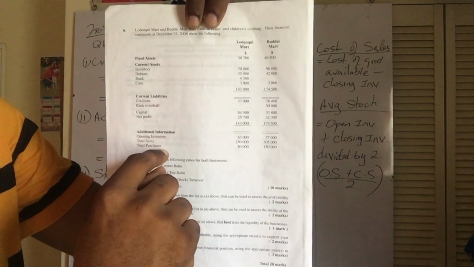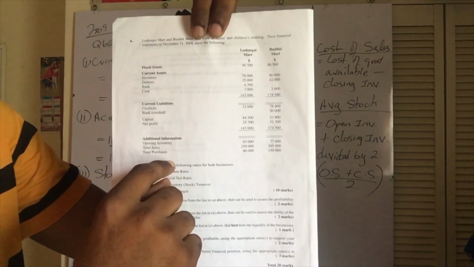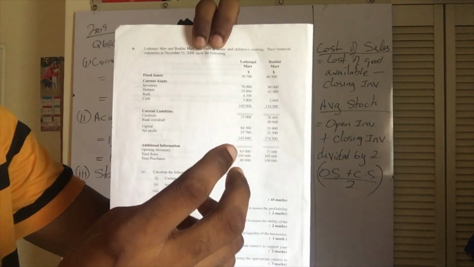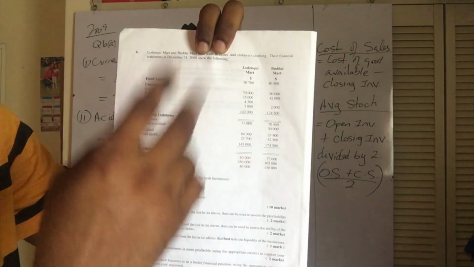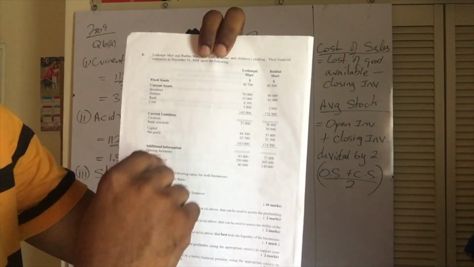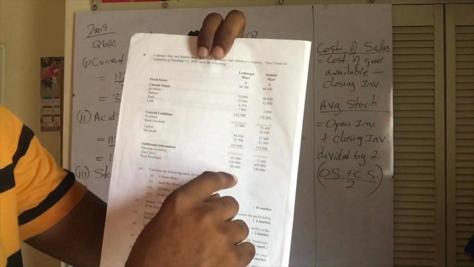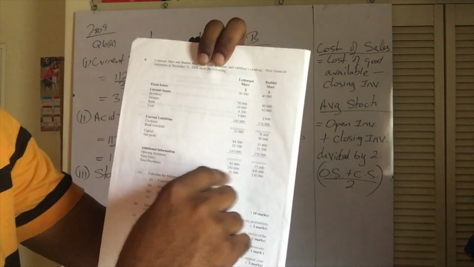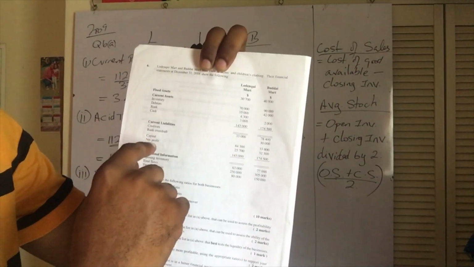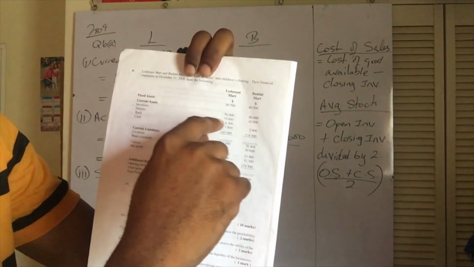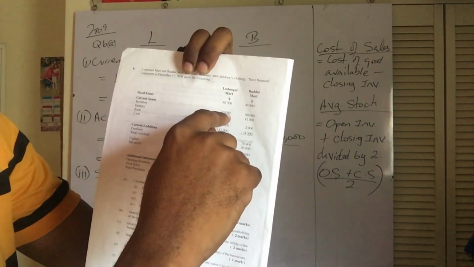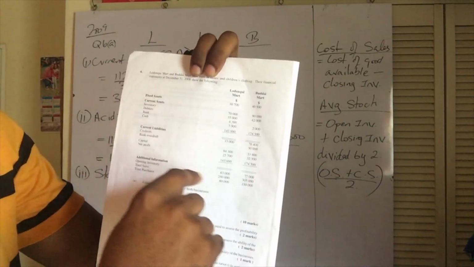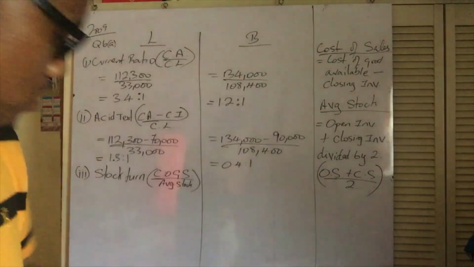Cost of goods available. I don't remember right now, but it would be 60 plus the 80, that would be 143,000, something like that. And then now you have to subtract your closing stock. Our closing stock is 70,000, so you subtract it from the addition of these two.